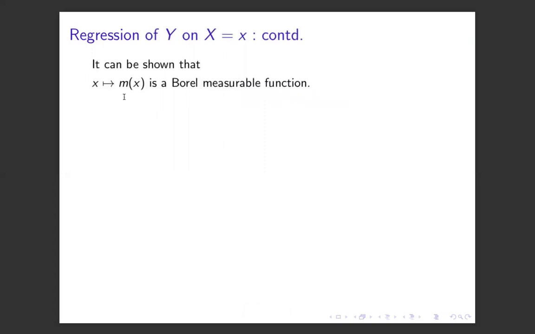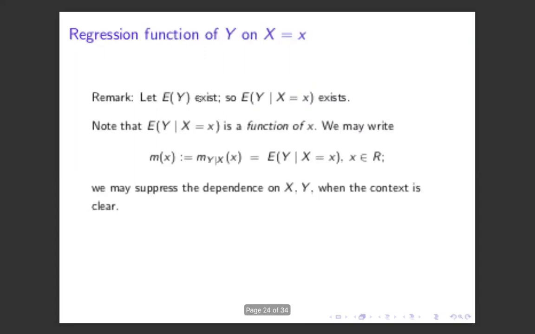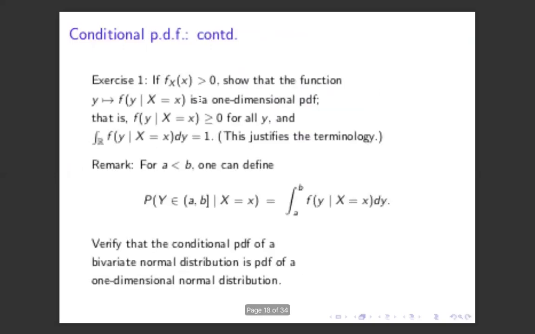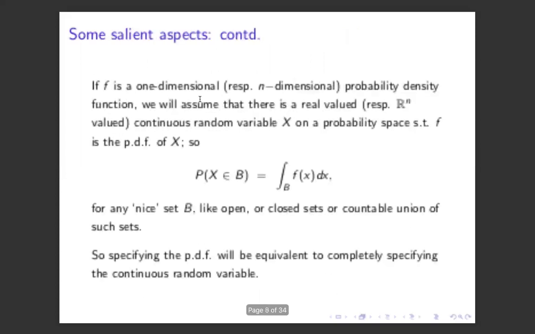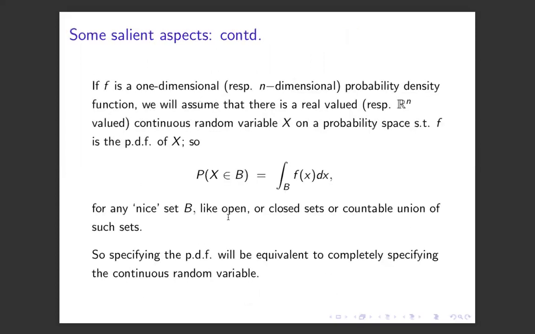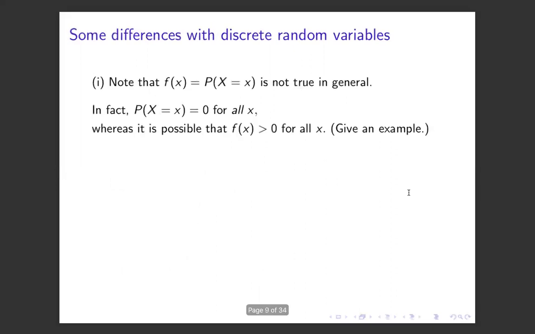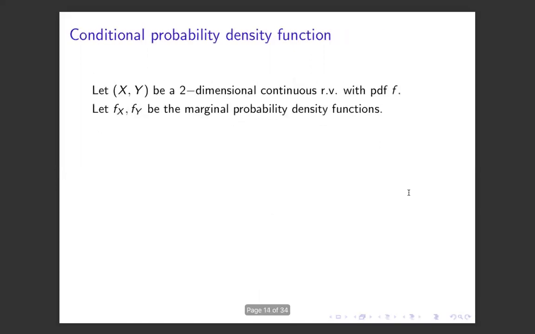What we will be looking at now is that as a function of x, this is a nice function. Just like we used the word nice somewhere, no? Nice meaning open sets, closed sets, and countable unions of such sets are nice. So this B here will generally be what is called a Borel set of the real line or R^n.